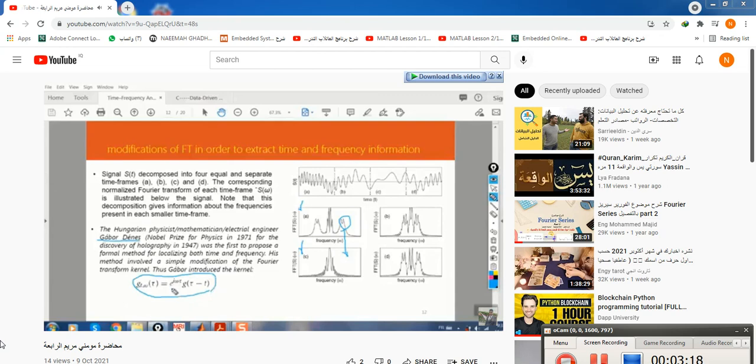In the previous one, we have only this exponential for the Fourier kernel, but he multiplied a window to this kernel, and in this way he tried to give temporal information.